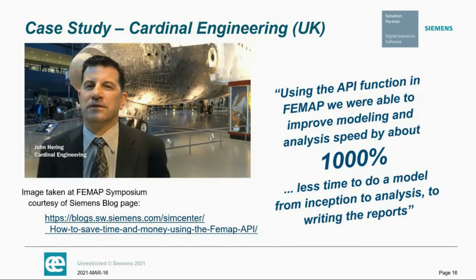But increasing your speed by a factor of 10 is a huge increase, and this just gives you an example of the type of automation that you can perform and the savings that it can give you in FEMAP.